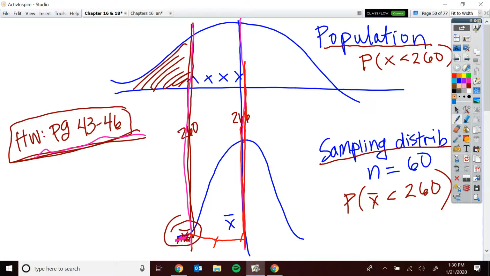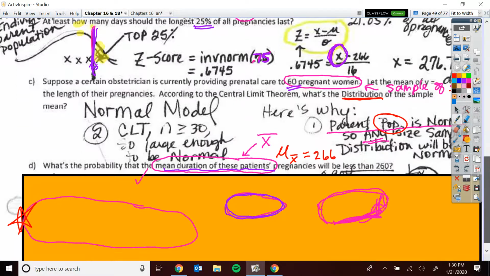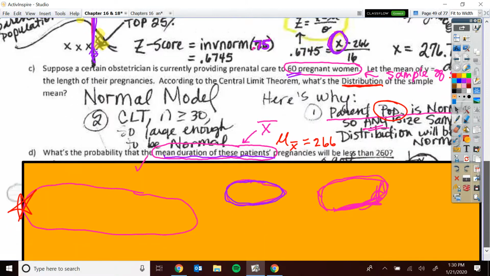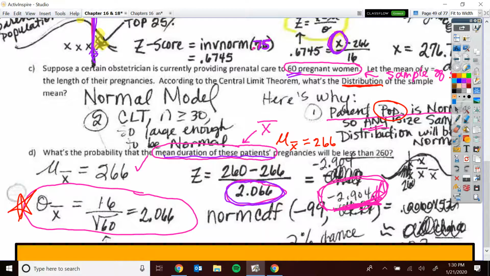The standard deviation is now what? Whatever the one was before. What was the one before? 16. And then what? Down here, right here. The standard deviation is smaller. 16 divided by the square root of 60.